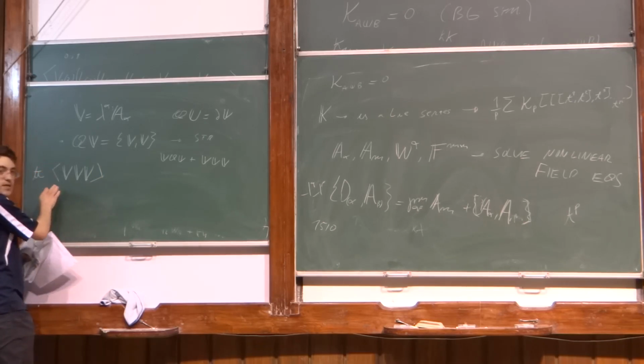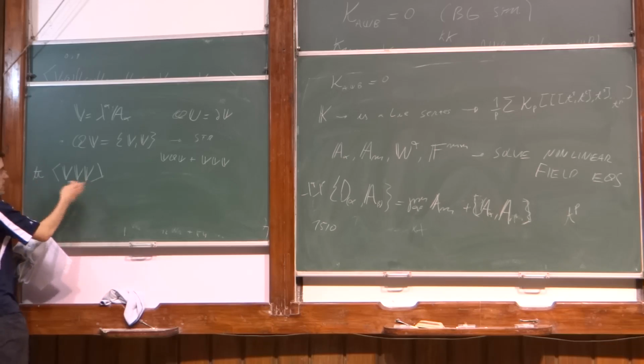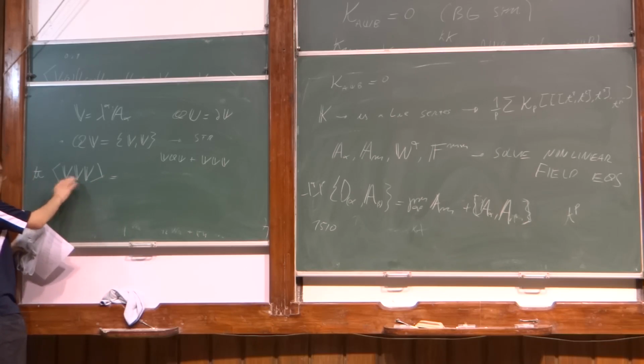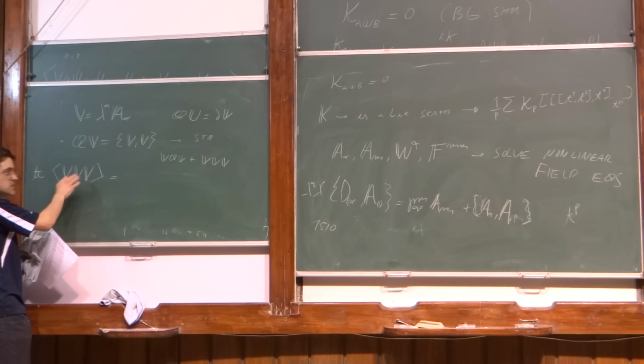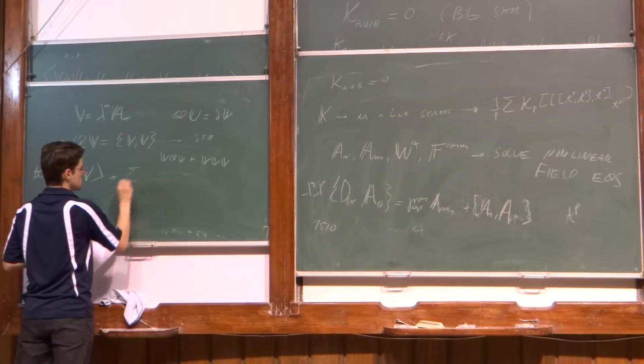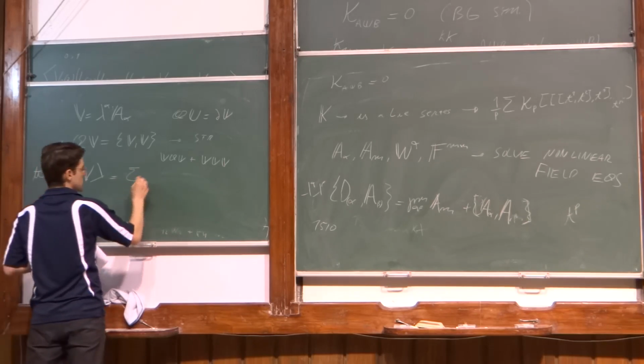But just out of curiosity, let's see what this gives you. I'm not going to do the computation now, but just compute the correlation function of three Lie series objects of V's.